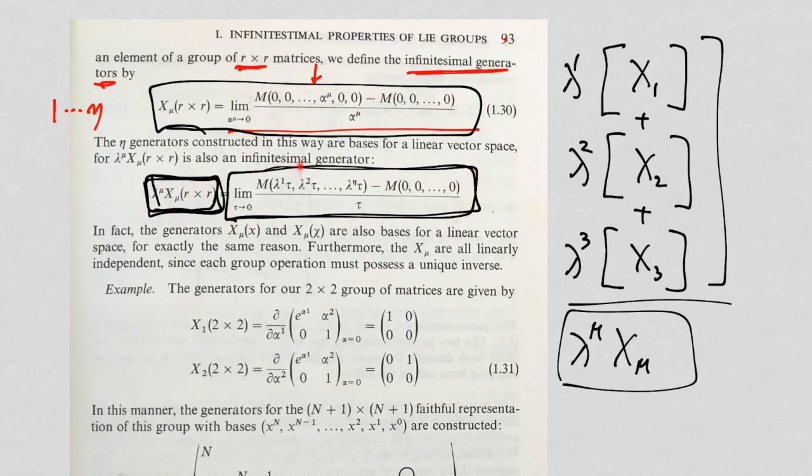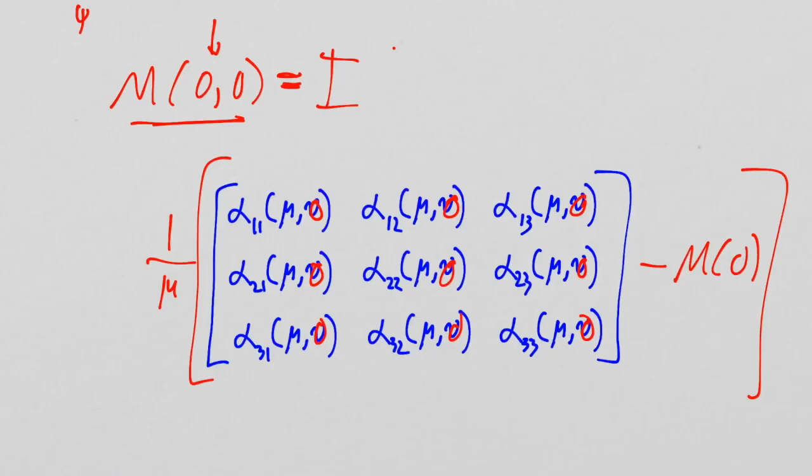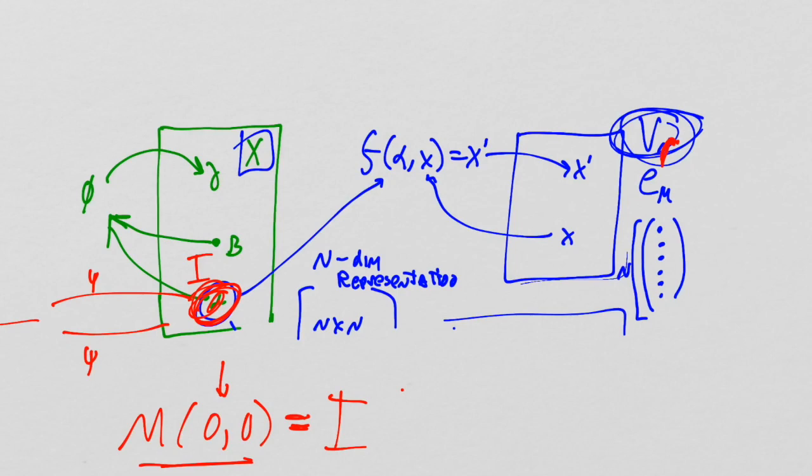In other words, if I take this limit, I'm going to end up with a linear combination of objects that were taken in this limit. And therefore, I can think of this guy, and this guy as the basis of a 3-dimensional vector space. And that's a different vector space altogether than this vector space, right?